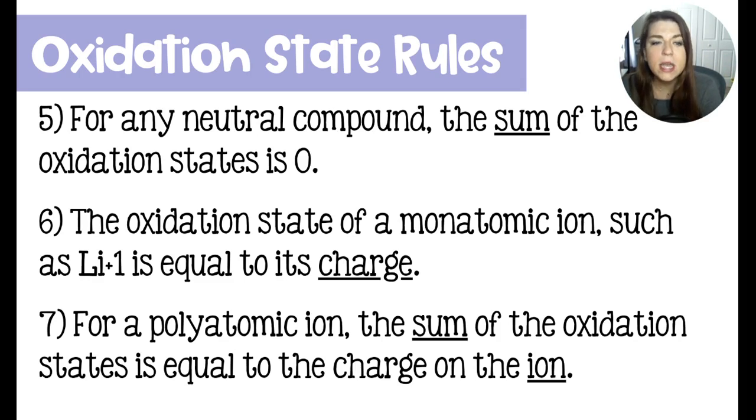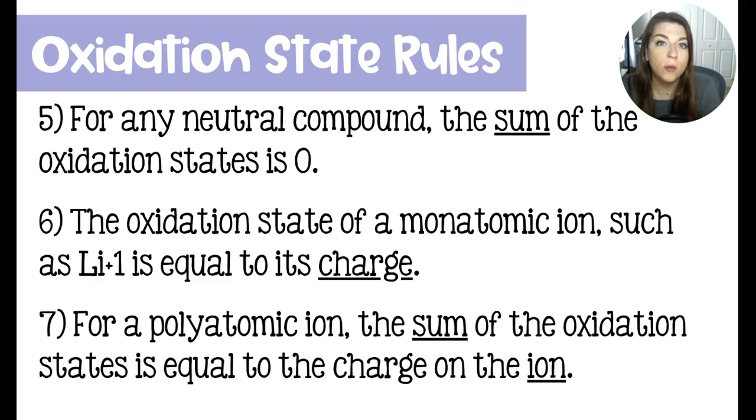Number 6, the oxidation state of any monatomic ion is going to be equal to the charge of that ion. That kind of makes sense because oxidation state and charge technically are different, but we can talk about them as if they're the same thing because of rules 6 and 7. So if we have a lithium ion, a lithium +1, that is its charge and its oxidation state.